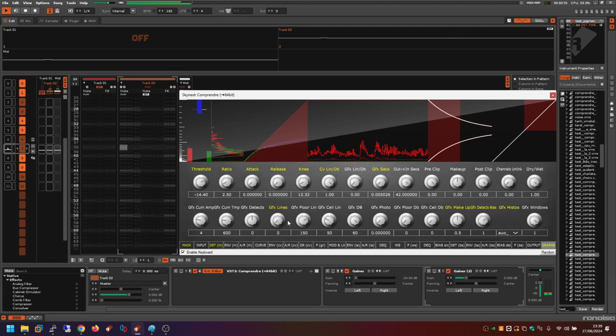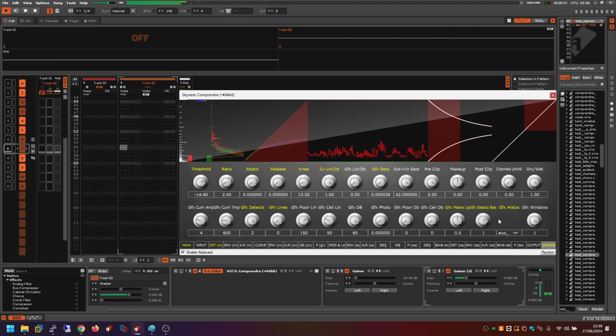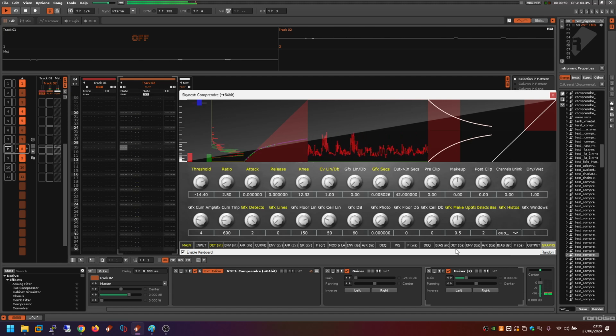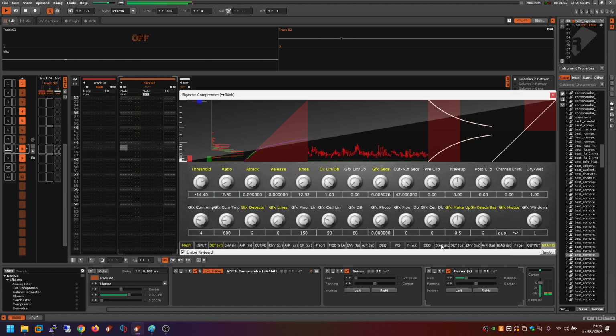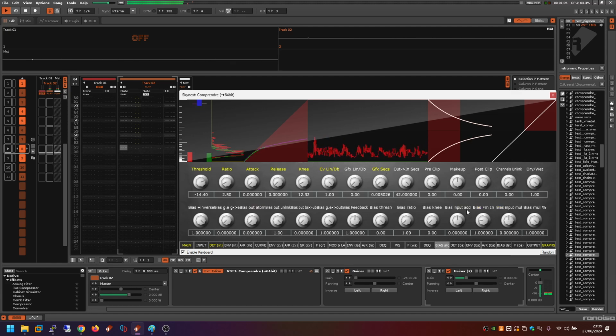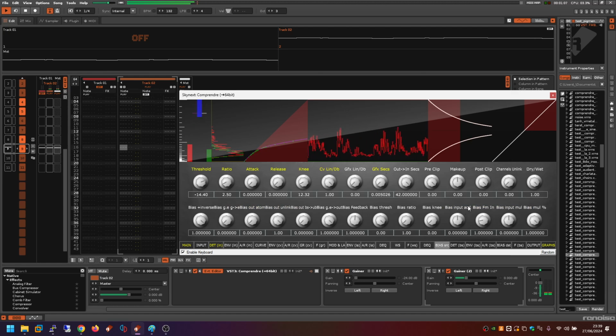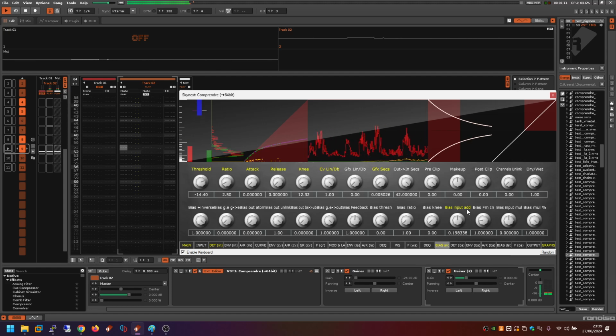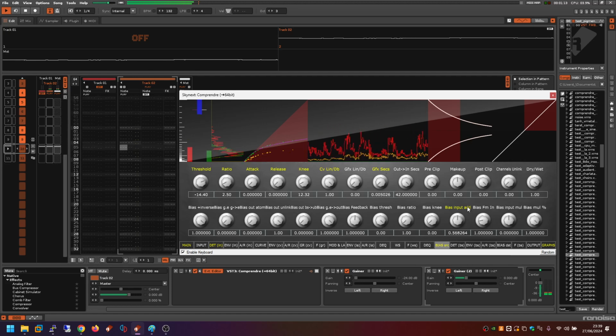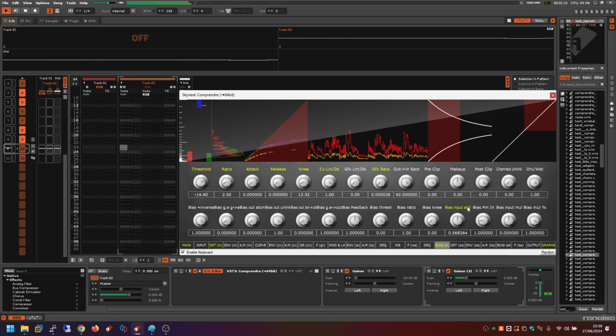And if I put the bias, what you will see now is the bias curve and the detection curve. So here you see the bias curve.